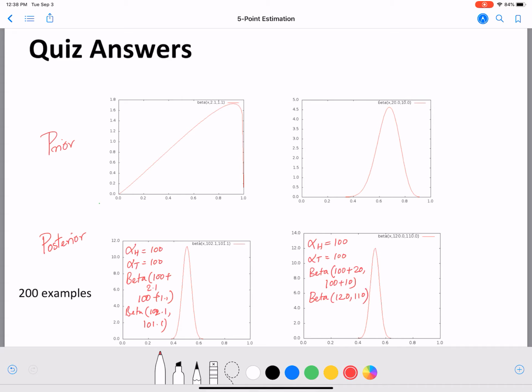Now we can see that 102 and 101, these two values, are closer. So this is going to curve more around 0.5 than around this, because if the values are closer, then the curve is going to be symmetrical.